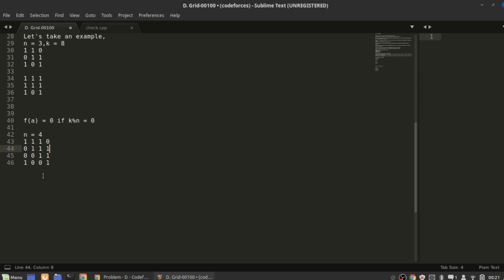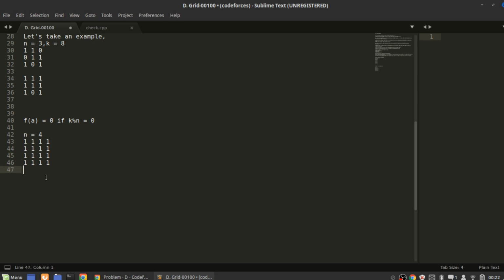We add 1 here, move out of bound, we move to the beginning, 1 here and 1 here. So after k equal to 12, we again get a 0. For the rest of the cases it is 2. Again we move to 0, 3, put a 1. Now 1 here, 1 here, and at k equal to 16, we again get a 0.